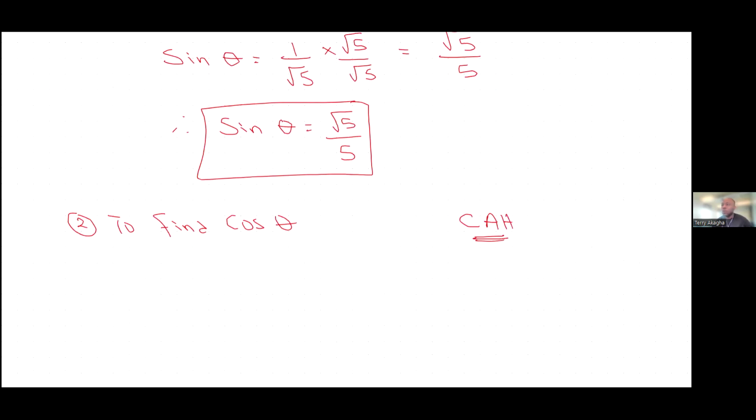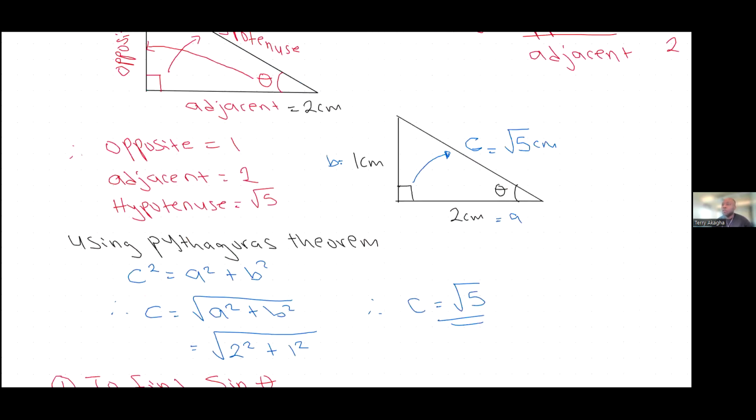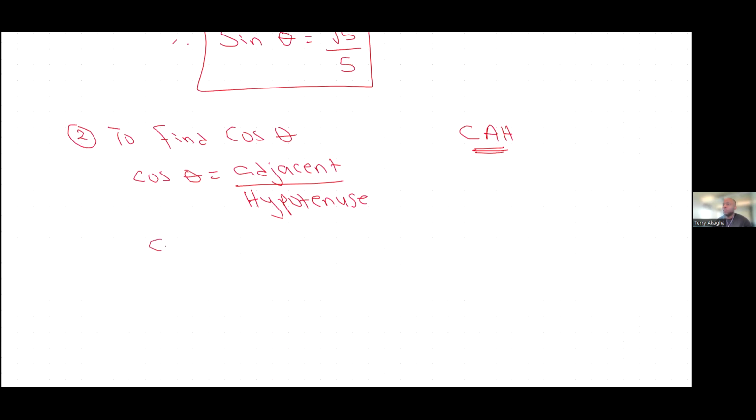So that means cos theta is equal to the adjacent divided by the hypotenuse. All right. So when we go back now, what is the adjacent? The adjacent is 2. The hypotenuse is root 5. So cos theta is equal to 2 divided by what? Root 5.